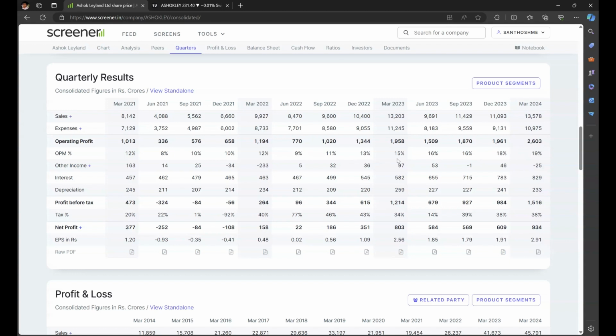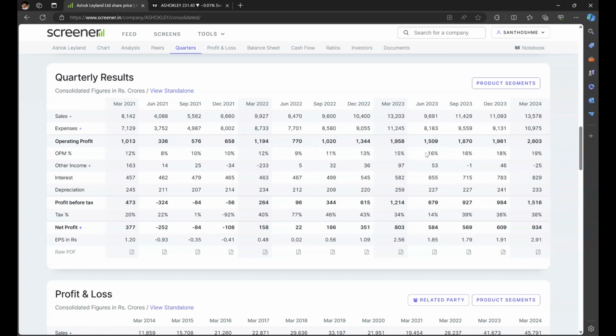Because that shows how efficient the company is. If the operating margin looks increasing or consistent, at least it shows that they are able to control their expenses and convert the growth in sales into profit. Okay, so sales, profit, and margin.